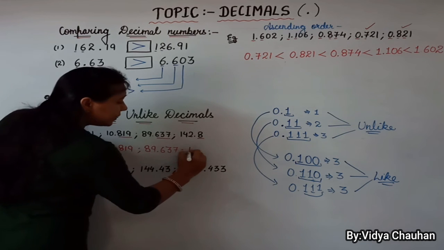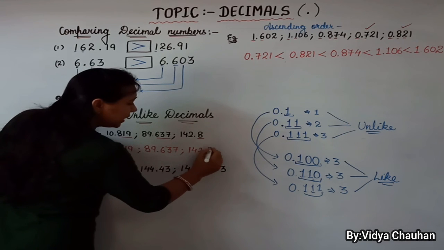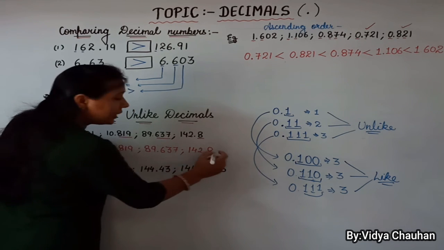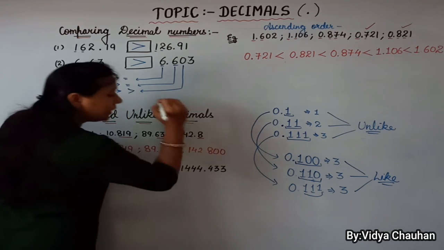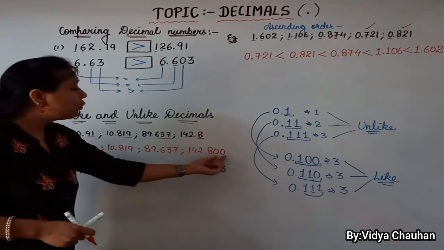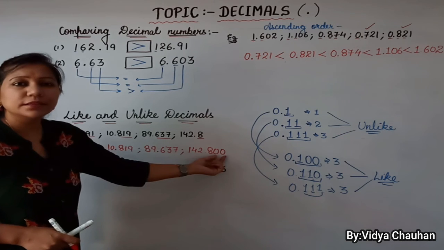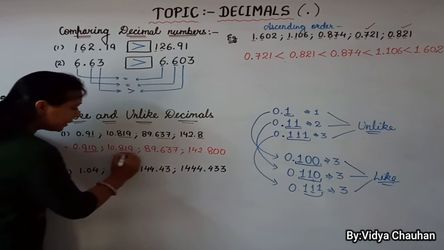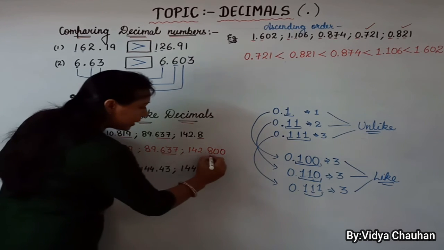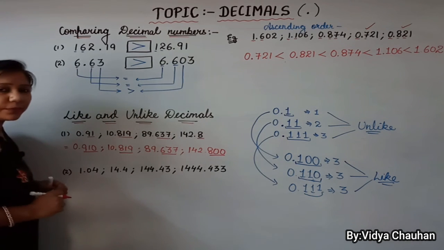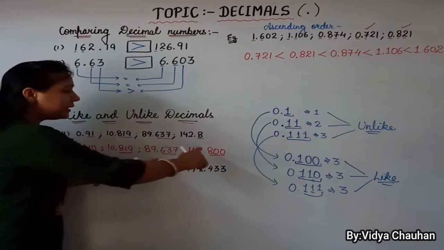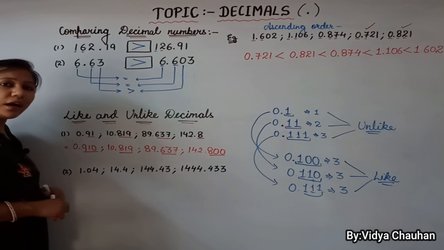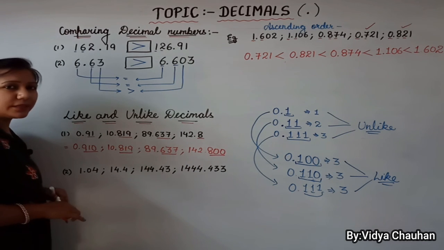Now the last number, 142.8, has a decimal place value of only 1. We have to make it 3, so I will add 2 zeros at the last. Now you can see 3 digits after the decimal in each. That means now these decimal numbers are like decimals.